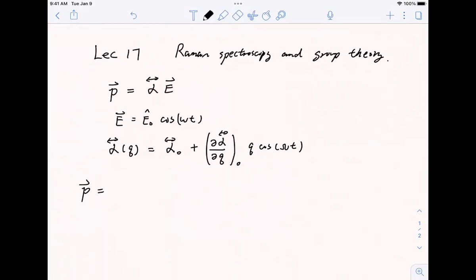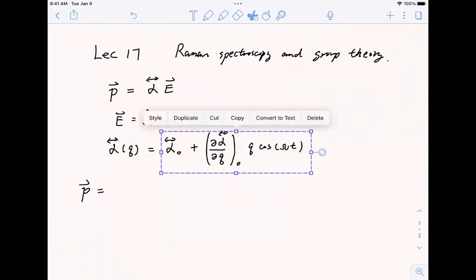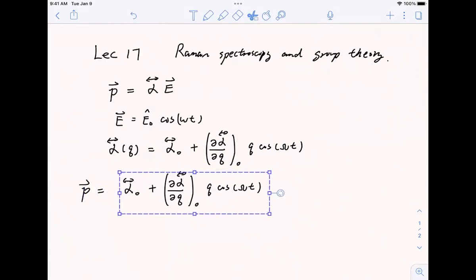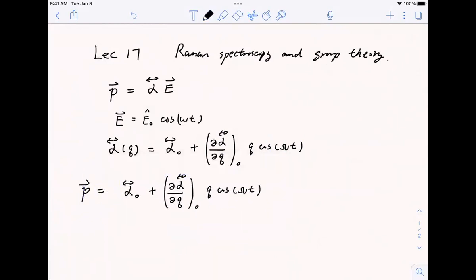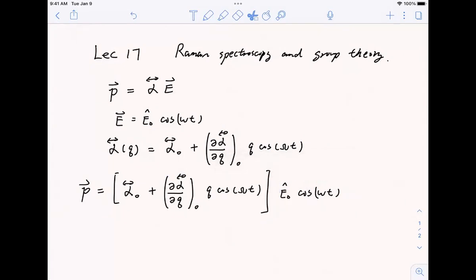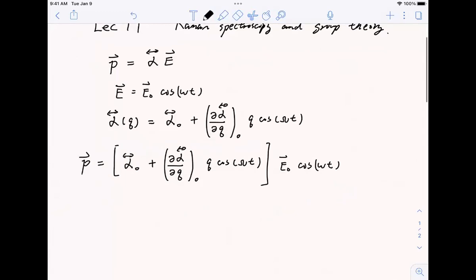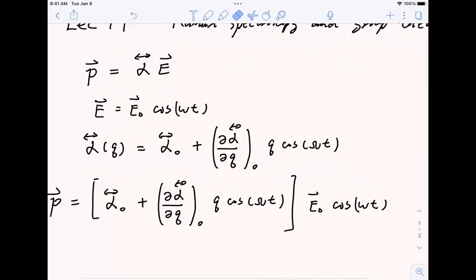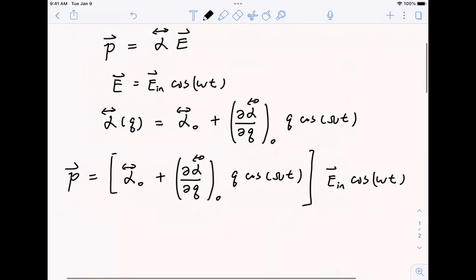With that, we can just write it out. This should be just a vector. Let me just write this as the incident field.